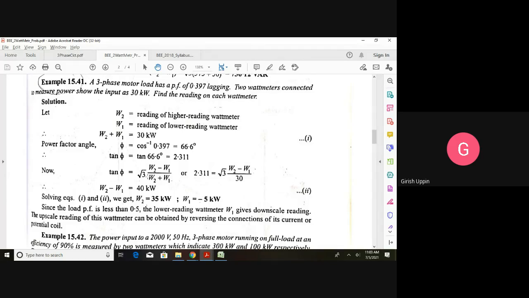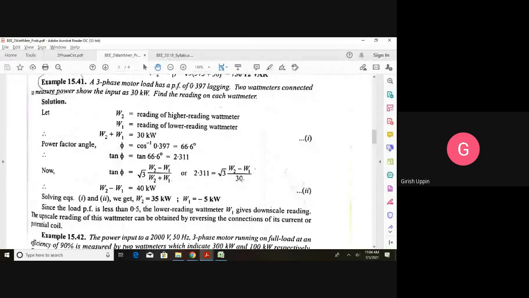W2 plus W1 is already known, that is 30,000 watt. W2 minus W1 can be written as tan phi, 2.311, times 30 divided by root 3. Now you have to remember, W2 plus W1 you are taking as 30, so the resulting value of whatever calculation you get will be in terms of kilowatt.